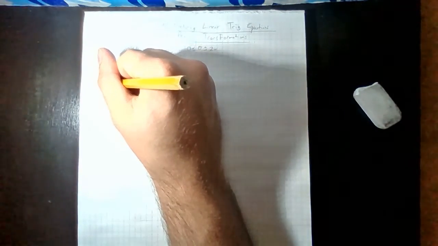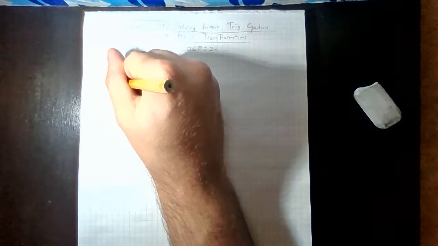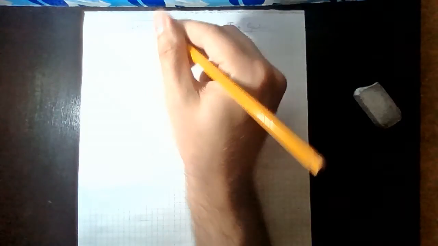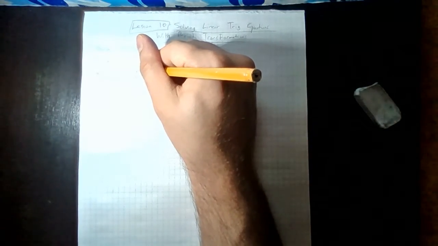For sine, we start at the axis of symmetry. We go up to our maximum point, down to our axis again, down to our minimum point, and back to our axis, and then we would continue again.